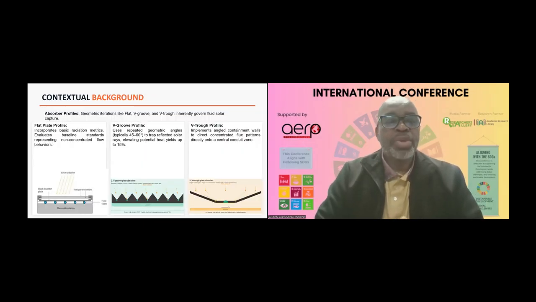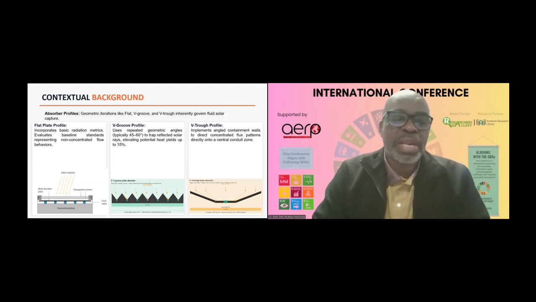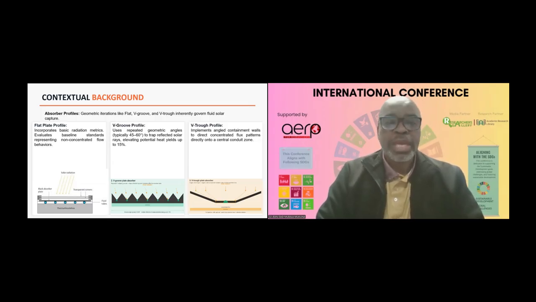As said, we have different profiles of the absorbers. The first one is a flat plate absorber, where you have a flat plate that is attracting the solar radiation and where the heat pipes are installed. The second one is a V-groove. We have different V, and the solar radiations are coming on those surfaces and can be reflected at an angle of 45 to 60 degrees.